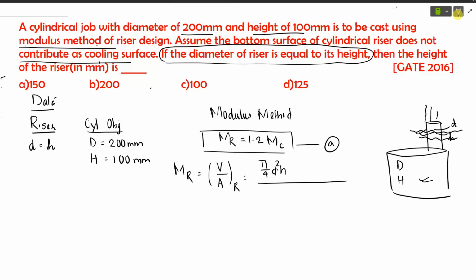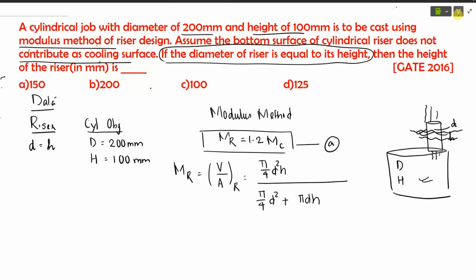Because in the question it is mentioned that for the bottom surface there will be no heat dissipation. So only one circular area, that is π/4 d², plus the curved surface area, that is π d h.